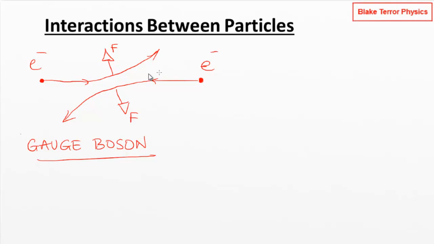So in this case, we're looking at the electromagnetic interaction, and the gauge boson, this is the sort of force carrier in inverted commas, is the photon, which we normally denote with a sort of gamma sign.